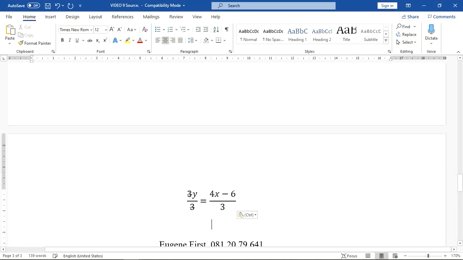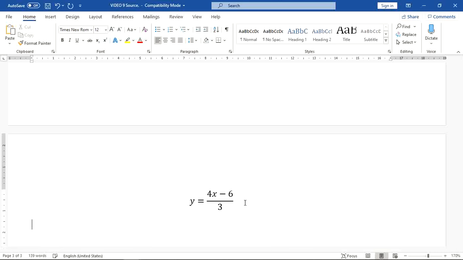Alright, so now this will just become y. Alright, so we need to continue to write this with 4x divided by 3 and 6 divided by 3. So in the final step will look like this. We are not interested in the C part, only in the gradient.